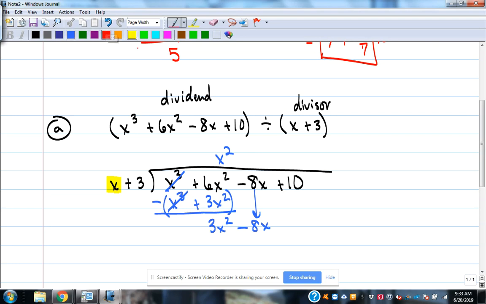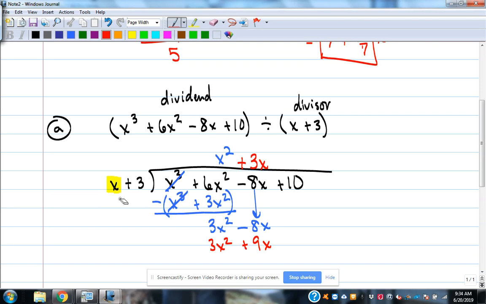I'm going to change colors so we can see it's the next operation. I'm doing it in red. So plus 3x times x is 3x squared. Positive 3x times positive 3 would be positive 9x. So I'm just distributing that 3x to the x plus 3, the divisor in front.